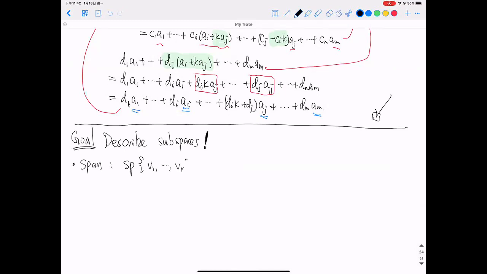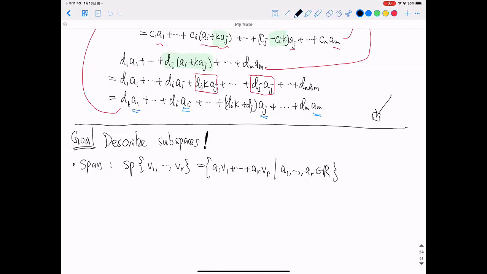The first kind of subspaces that we had is all these things called spans, and they are fairly nicely described. Once you fix these vectors v1 to vr, you just need these numbers a1 through ar to describe a typical element inside this span.